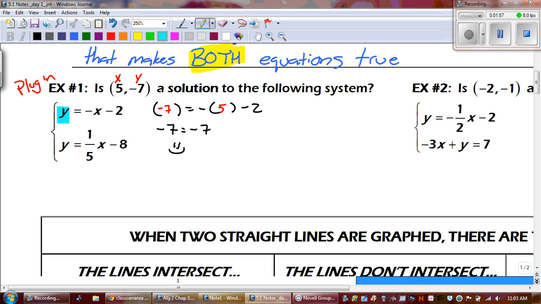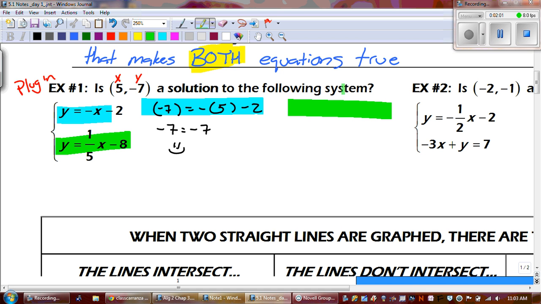So you can't be like, yay, I'm done. That's only the first equation. We've got 2 to do. So once again, I'm plugging these in. So y is negative 7 and x is 5. The left side is just negative 7. 1/5 times 5, remember that's 5 over 1, so 5 over 5, which is 1.